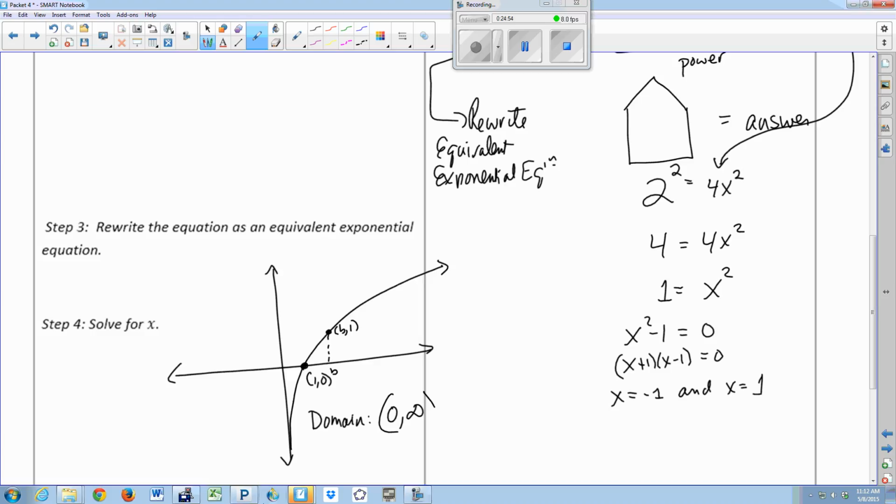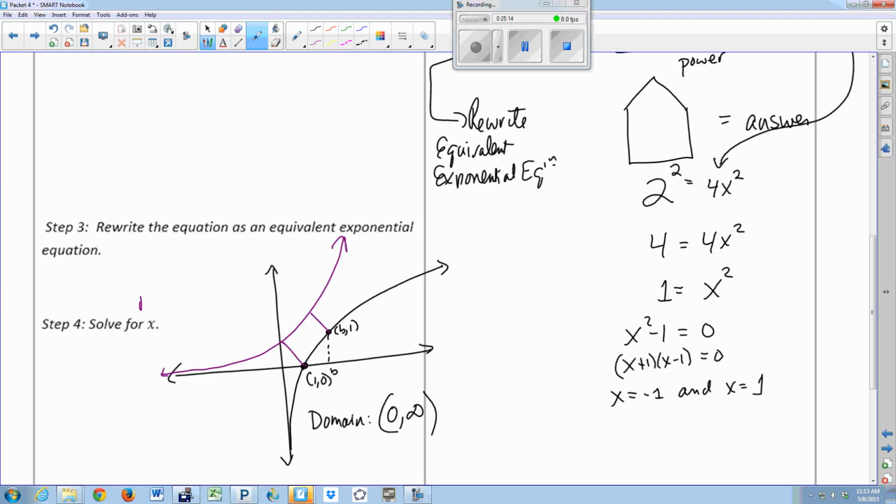Parentheses, right? We can't include 0 because there's no way I can take the log of 0, because there's no number you can raise a base to get 0. Just like your exponential function, which is its inverse, can never have 0 as an output. These are, remember, inverses of each other.